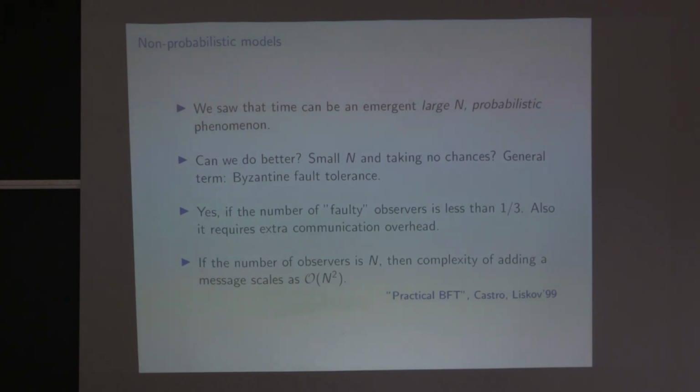Say I have 3 detectors and 2 of them give the same reading, and the third one gives something different. I don't want to rely on a central computer to decide that this one is a faulty one. I want to do this distributively. In fact, this is how it's done in airplanes with practical BFT. If you have, say, 10 elements, then the complexity of n squared is fine.